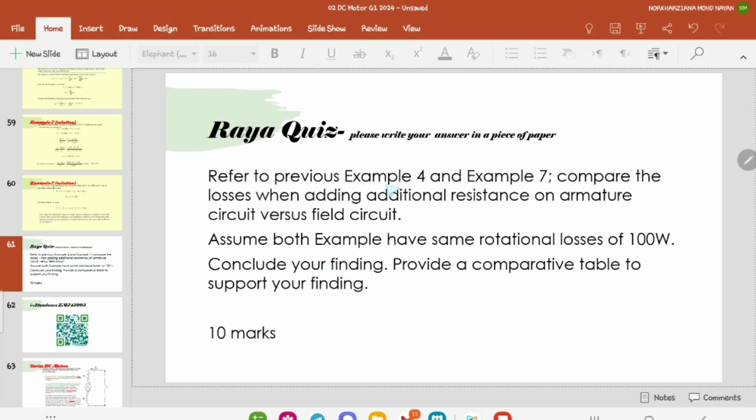What can you compare between example 4 and example 7 if you add additional resistance on the armature or on the field circuit, and provide a comparative table to support your findings. 10 marks is a lot, so try to give as much information and comparative analysis as possible so that you can gain the 10 marks. This one is not on the recent or uploaded slides. It's only in the video, and I will upload this question in a different file on your e-learning later.